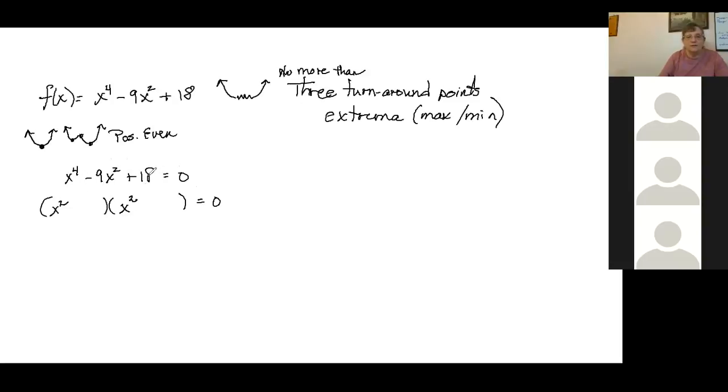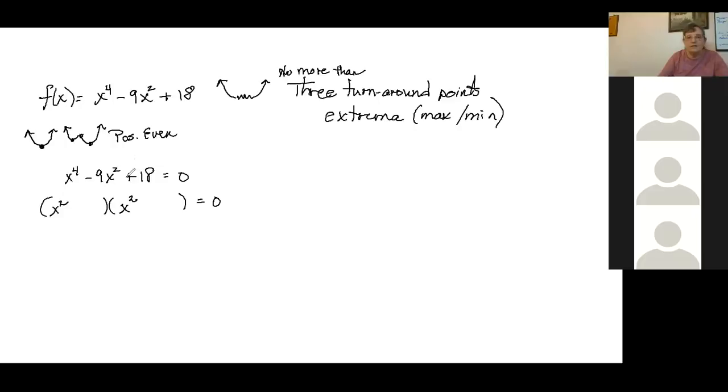You've got your constant term, your middle term, and then your first term where the exponent is double the one from the middle term. So if I put an x squared here and here, this times this is going to give me x to the fourth. My outer terms and my inner terms are both going to be x squareds, and that has to total up to a negative 9 x squareds. And then this times this still has to give me 18.